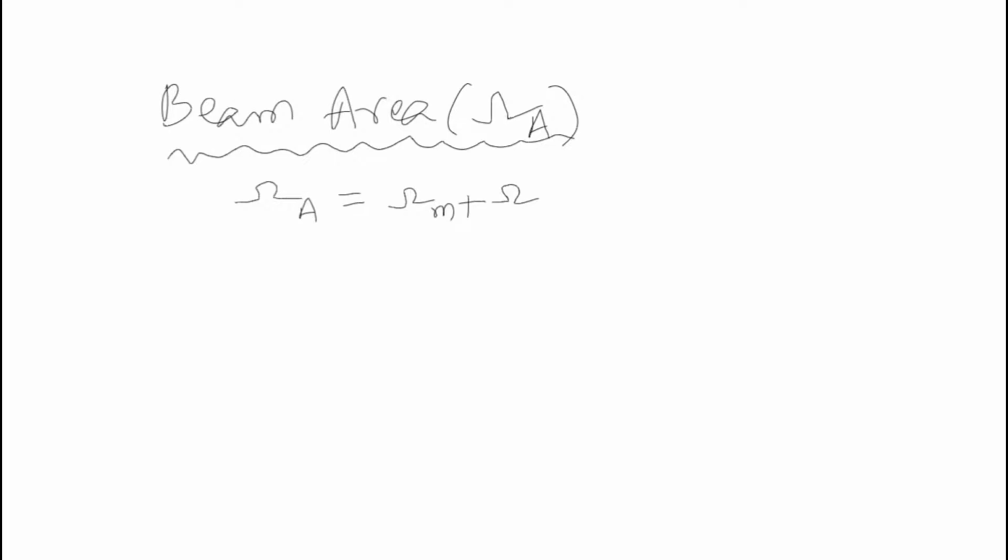So the total beam area is the sum of the minor lobe area and the major lobe area. Here omega suffix M indicates the minor lobe area, and this one indicates the major lobe area. From this, we can define another parameter, that is beam efficiency.